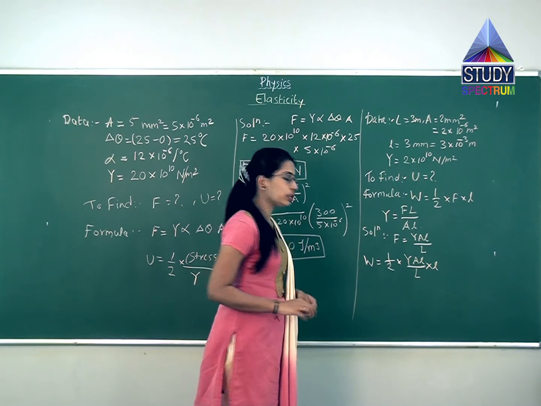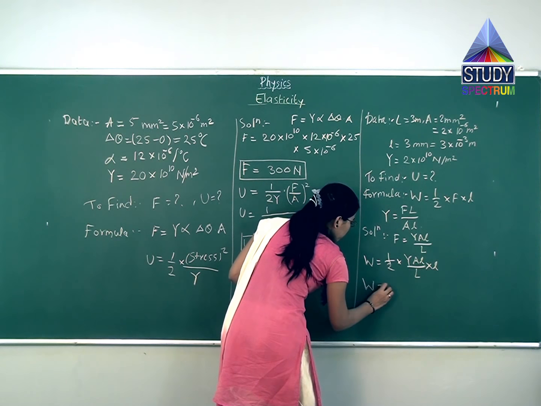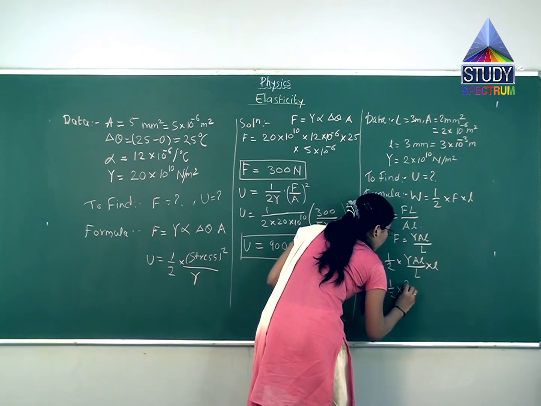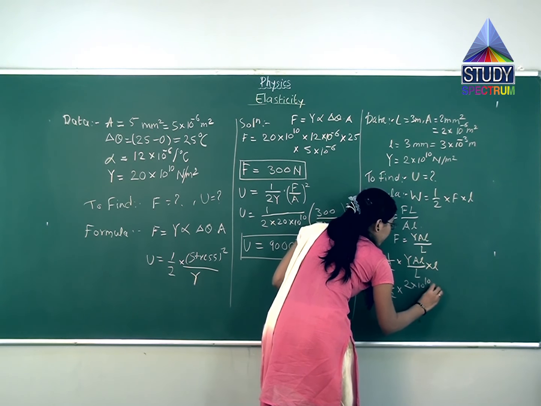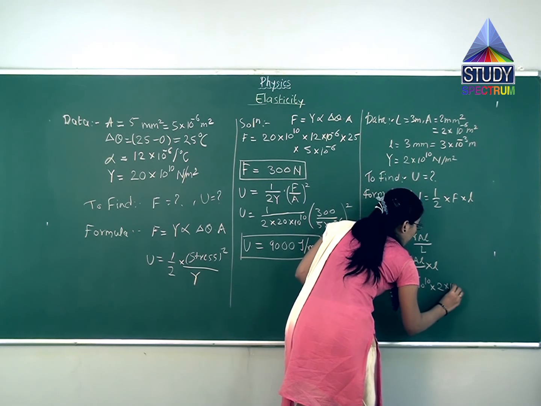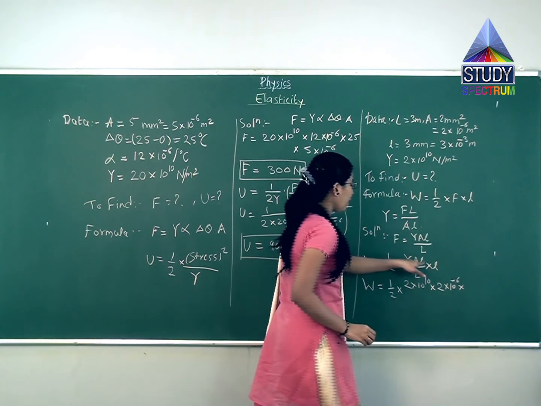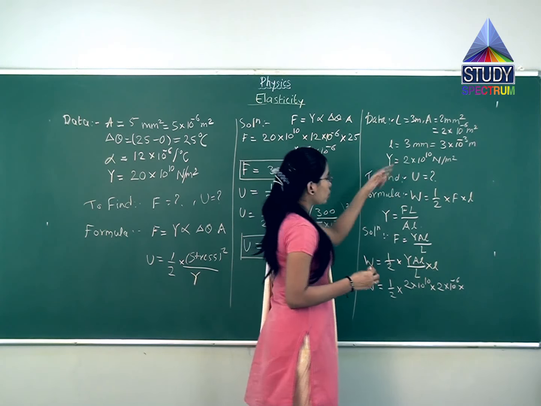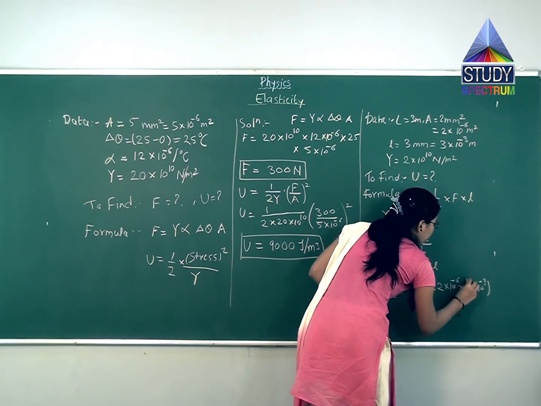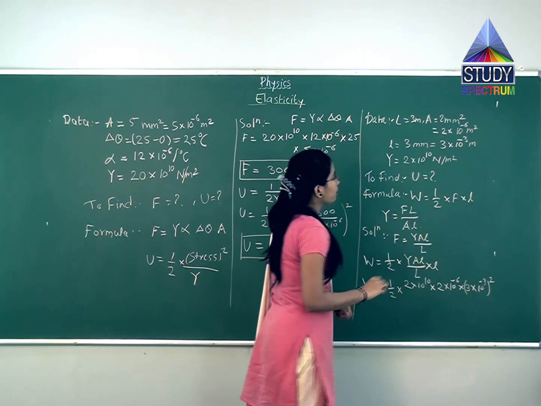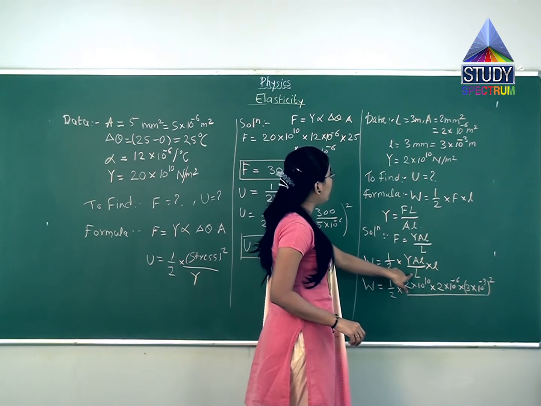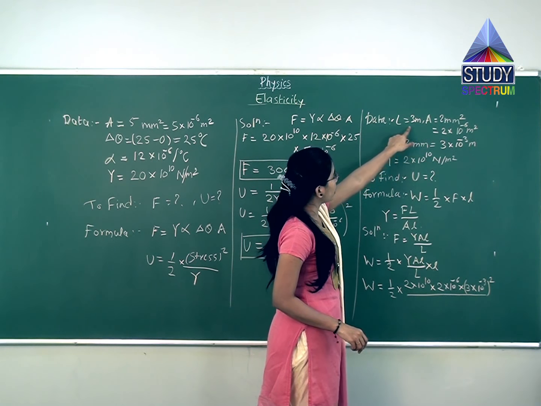So let us substitute the values. W is equal to half into Y, which is 2 into 10 raised to 10. Then the area is given, 2 into 10 raised to minus 6. Now here we have l two times, so I will just square it: 3 into 10 raised to minus 3, squared, upon capital L. The value of capital L, you can see, is 3 meter.